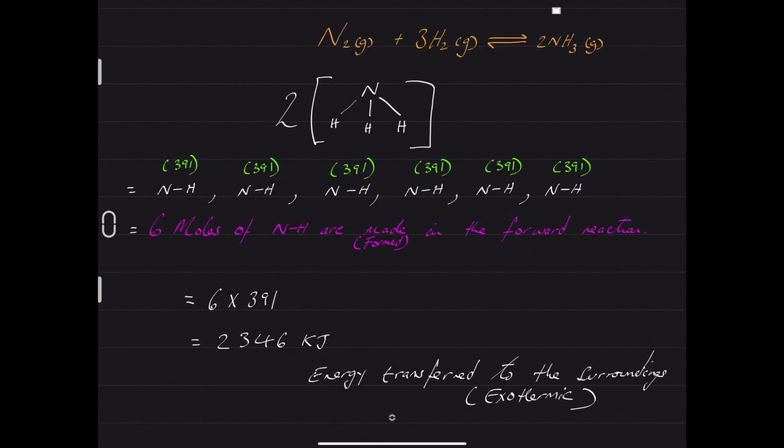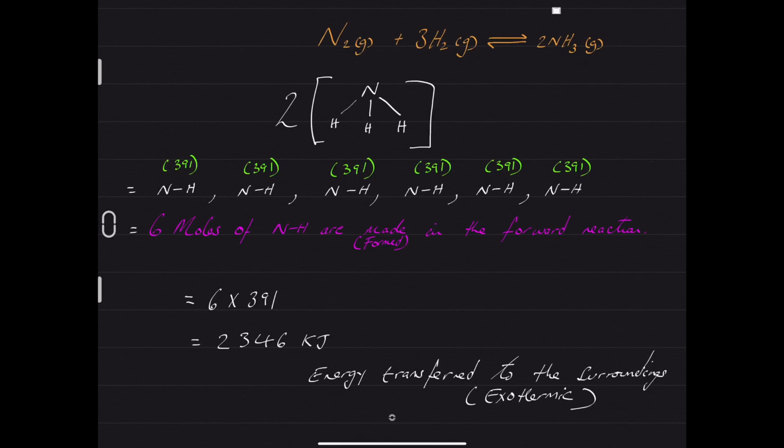Now, since I've put the bond energy value there, remember from our definition that whether you're breaking the bond or forming the bond, the energy value is the same. Okay, so if that's the case, we can still use the same value reading off the table of the chart, which is 391.